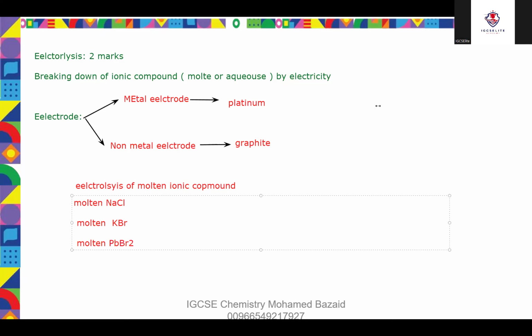Finally, any question about observation in electrolysis? Observation, write bubbles. If there is a question in electrolysis that says, write your observation, observation in chemistry, in IGCSE, means something you can see, watch, hear, or smell by your senses.